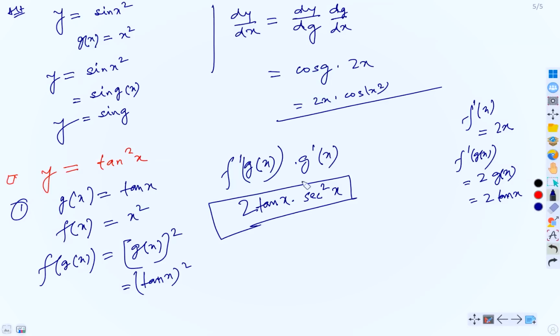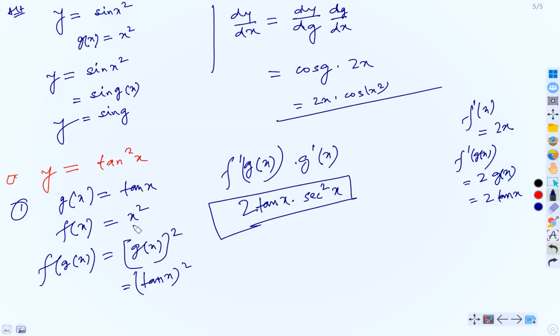Let me repeat what I did. See, this is the formula, right? f dash g(x) times g dash x from the theorem. I am following the first approach. Since we have our g(x) equal to tan x, therefore g dash x, we know from the formula, the differentiation of tangent x is secant square x, times f dash g(x).